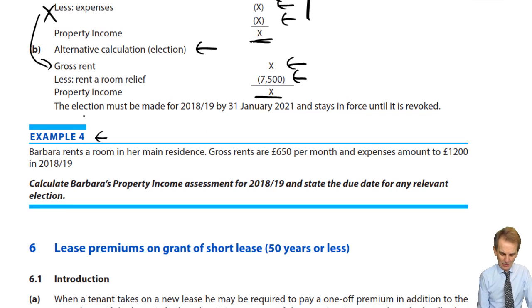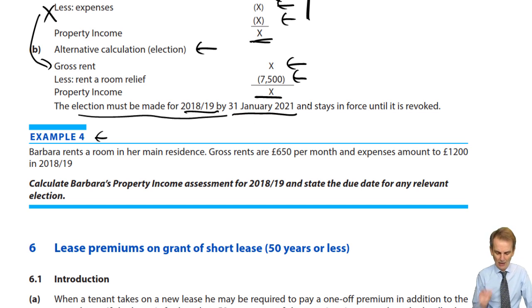And the admin side: the election must be made for 2018-19, our tax year, by the 31st of January 21. In admin terms, we may have mentioned this in passing as we've gone through, but you'll see more in the admin chapter 15. Basically, the tax return has to be submitted by a latest date, the 31st of January following the end of the tax year.